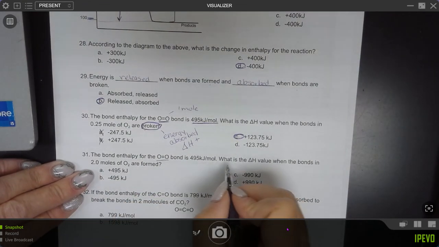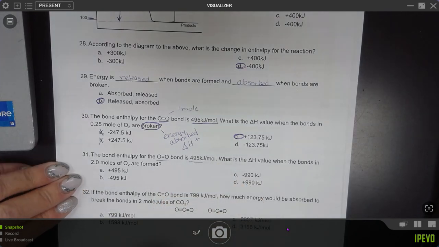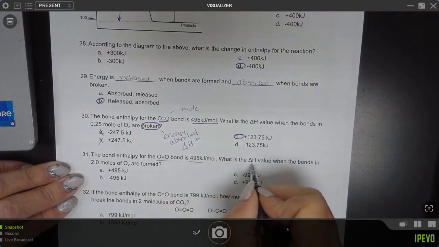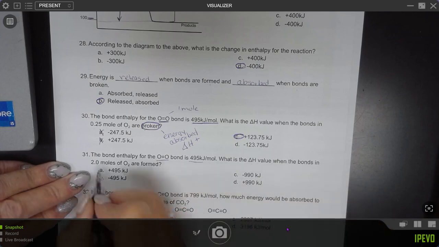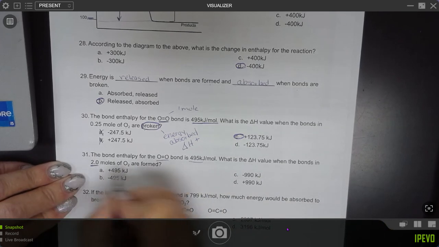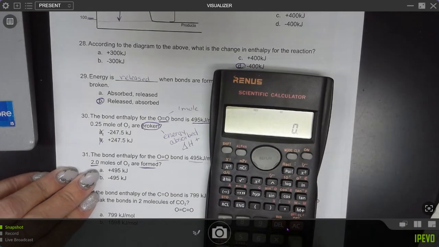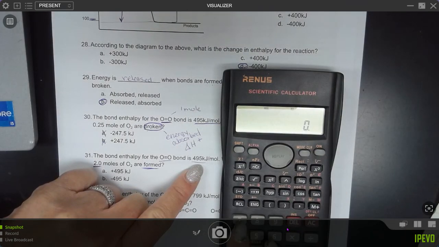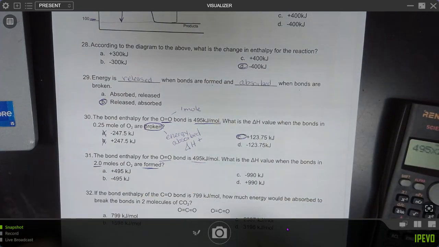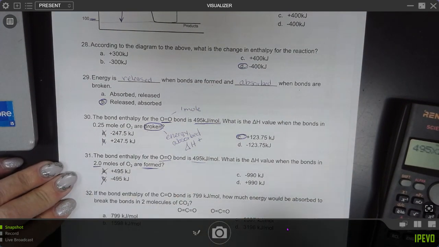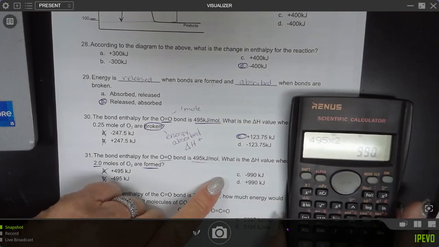Okay, here's another question, the same thing. We've got the O double bond O, 495 kilojoules. What is the delta H value when the bonds in 2 moles of O2 are formed? If 495 is 1 mole, what's 2 moles? 990. So we can eliminate these two because we know our answer is going to be 990.